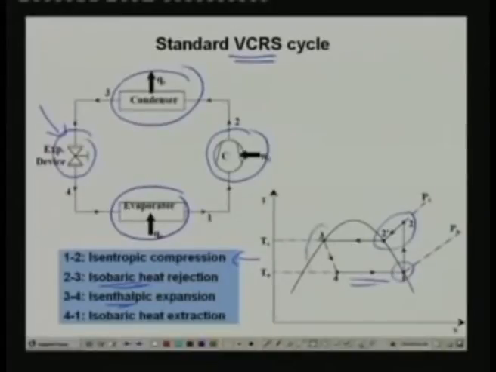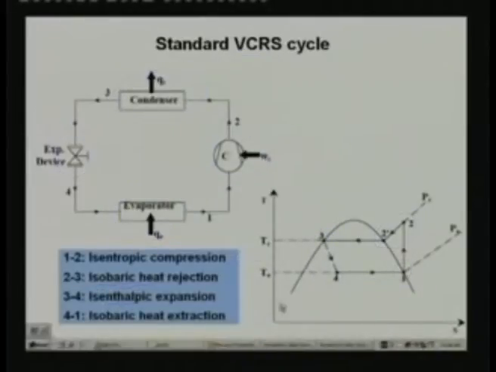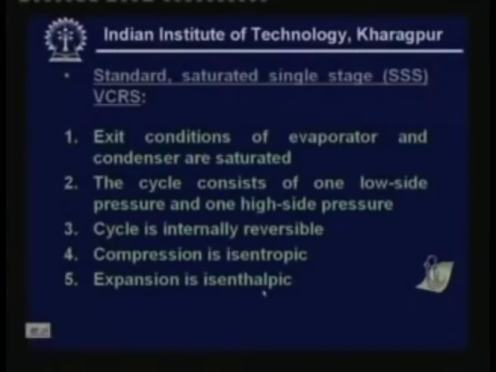Now coming to the expansion process, 3 to 4 is an isenthalpic process, and this is shown by a dashed line because isenthalpic throttling is highly irreversible. So we really do not know the path, we only know the end states 3 and 4. And process 4 to 1, as I said, is isobaric heat extraction, and if you are using a pure fluid, this is also isothermal. So this is the standard saturated single stage vapor compression refrigeration cycle.